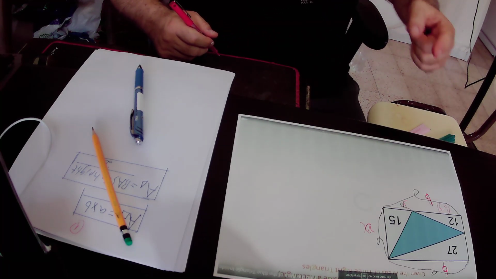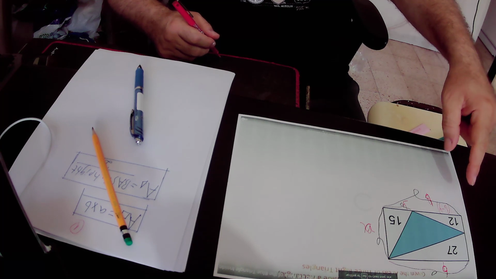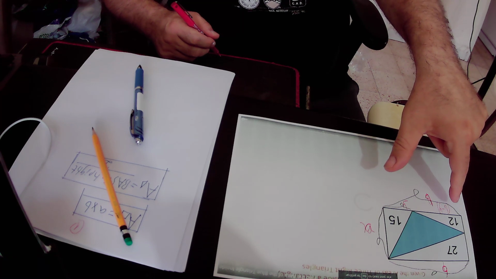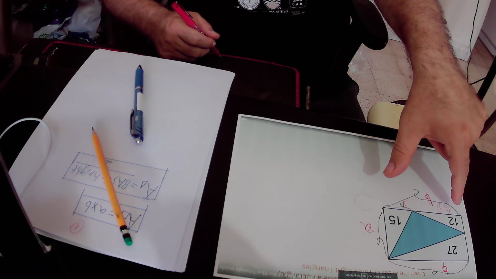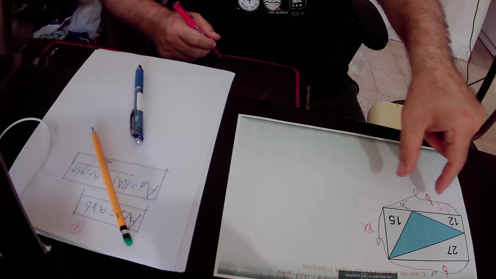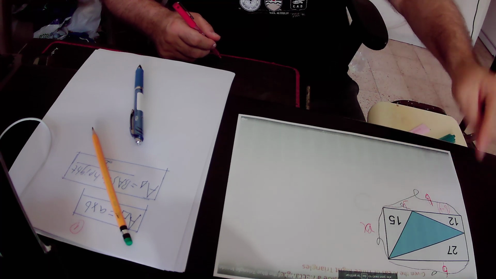So the base of the triangle whose area is 12 units equals the length of the rectangle, that is b, minus the base of this triangle, that is y. So it is b minus y.